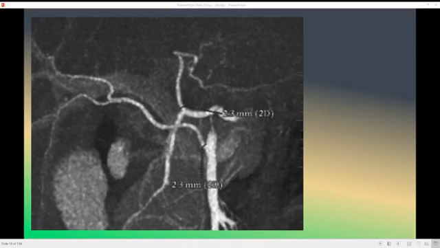We receive some answers. Okay, this is the right hepatic artery arising from the superior mesenteric artery. It is a replaced artery. This is one of the most common variants, the right hepatic artery arising from the superior mesenteric artery.